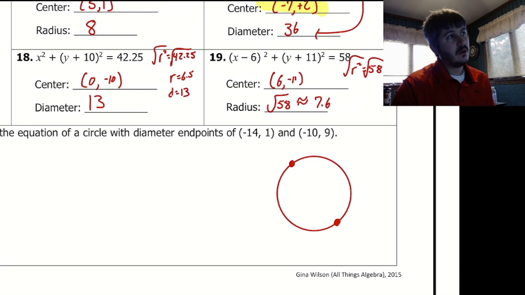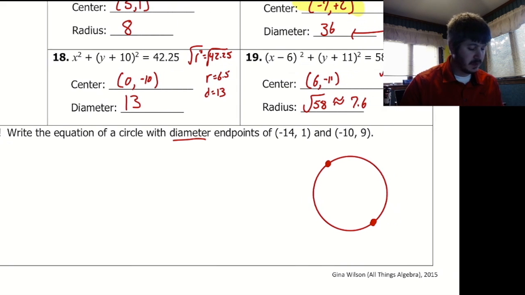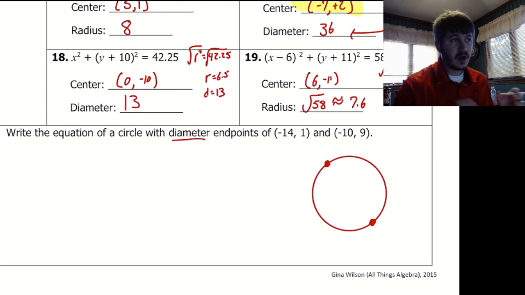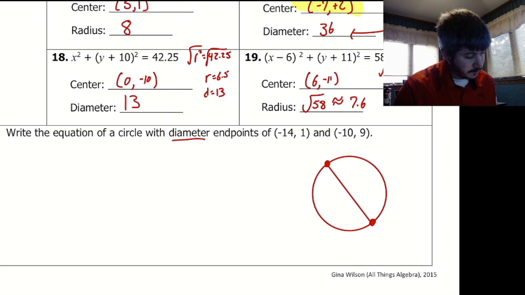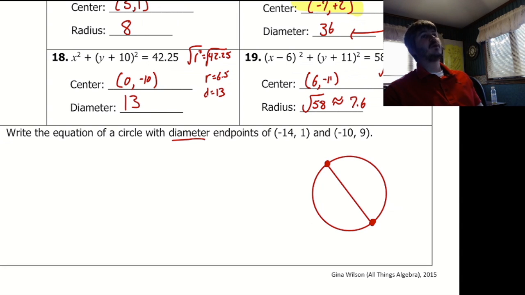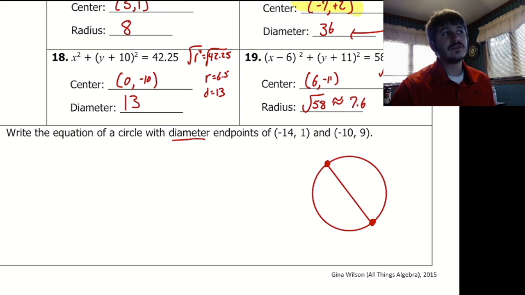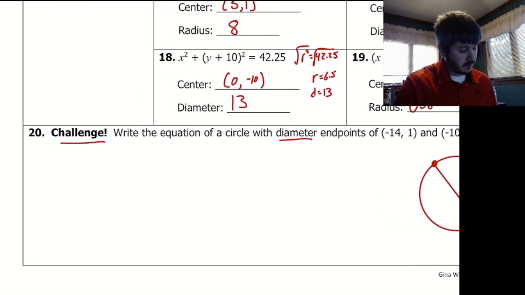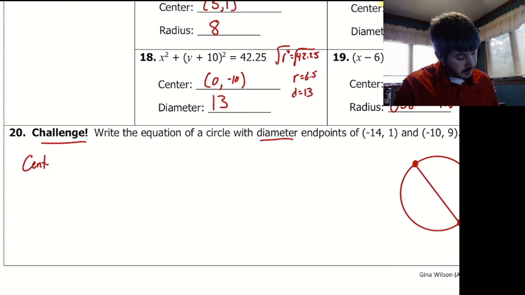But one thing we know is that these endpoints are the diameter of the circle. The question is to find the equation of this circle, and the diameter has these endpoints. So remember the two things that you absolutely need in order to figure out the equation of the circle: the center of the circle and the radius of the circle.